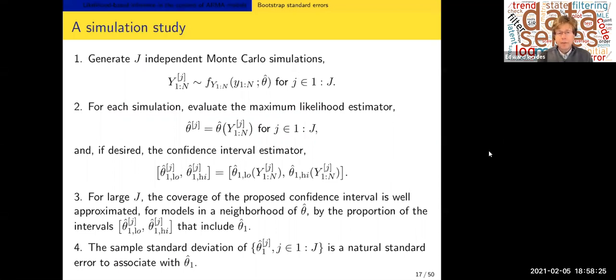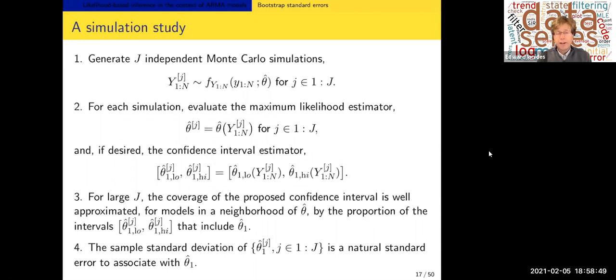And then for each simulation, you can re-estimate a maximum likelihood estimator, and that's going to be theta hat j. It's not going to be exactly the MLE, because in this simulation study, the MLE plays the role of the unknown truth, but we can re-estimate it for the theta hat j's.